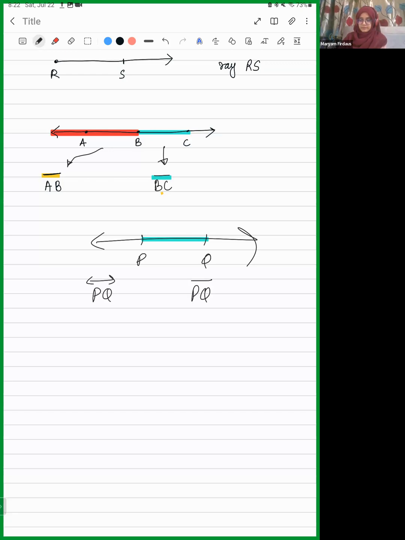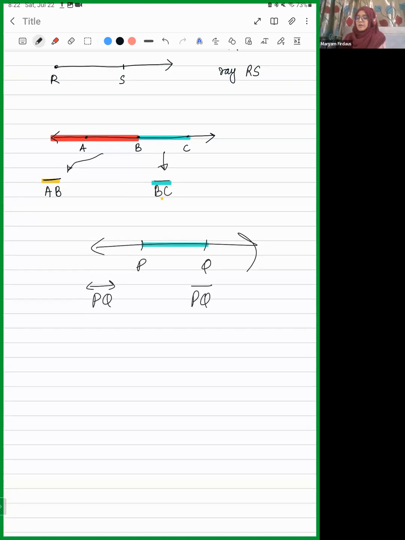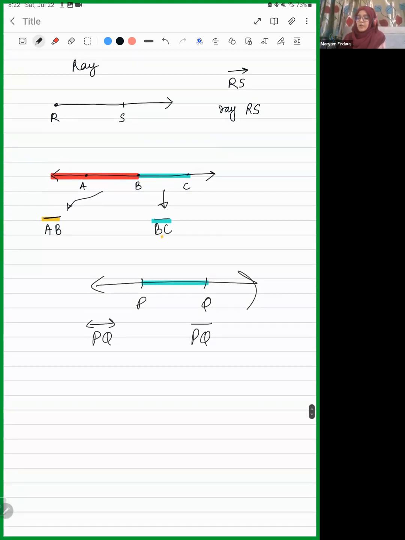AB, that's a ray, right? It's going one side. Very good. It's a ray. How do you name the ray? Remember, you start with the starting point of the ray. BA. Very good. It is ray BA.